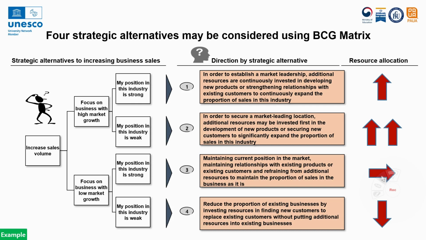In the star business sector, where the market is growing so fast and my position in that industry is strong, in order to establish a market leadership position, additional resources are continuously invested in developing new products or strengthening relationships with existing customers to continuously expand the proportion of sales in this industry.